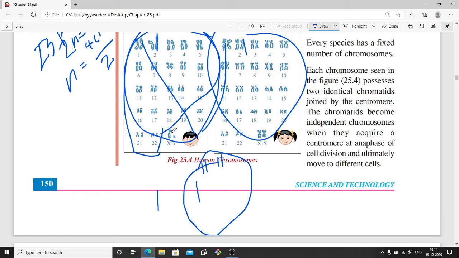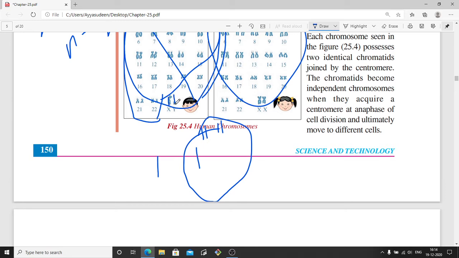Here X and Y are there for male, and for female X and X. These are the sex chromosomes or allosomes. This is how they are determined. For example, let's say from the father any one will come. Now X comes, and from the mother two identical X chromosomes are there, so one X will come obviously.